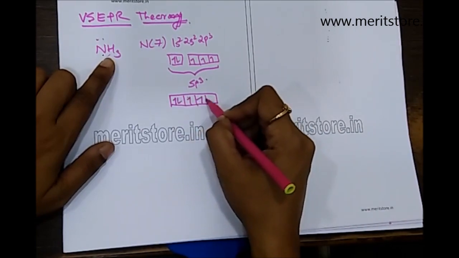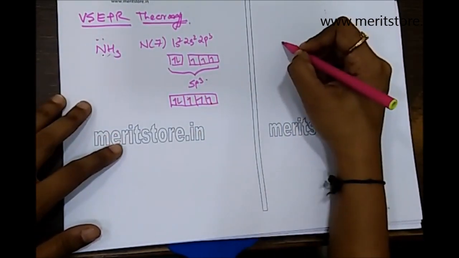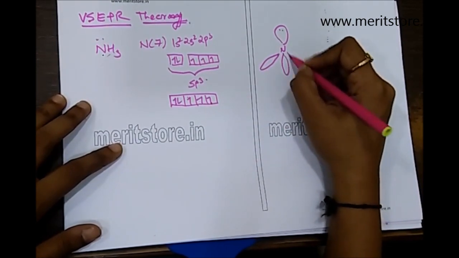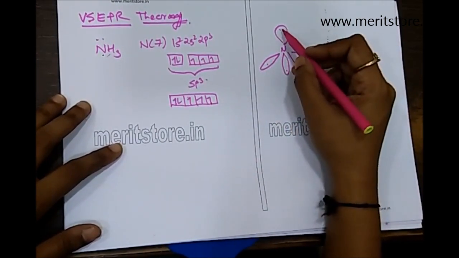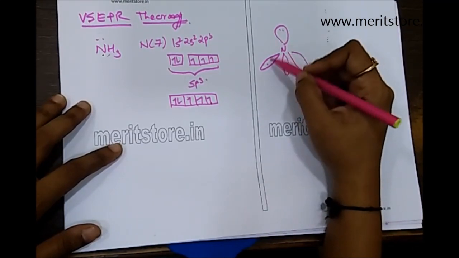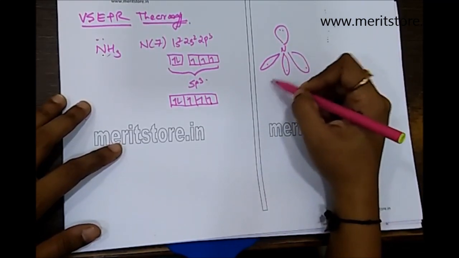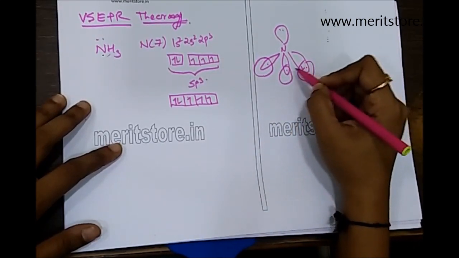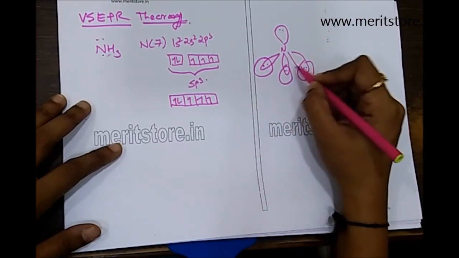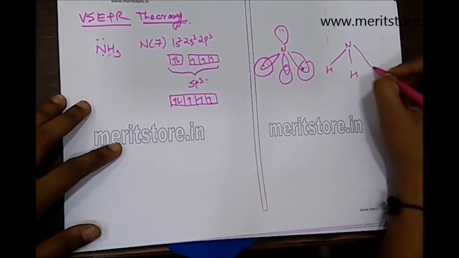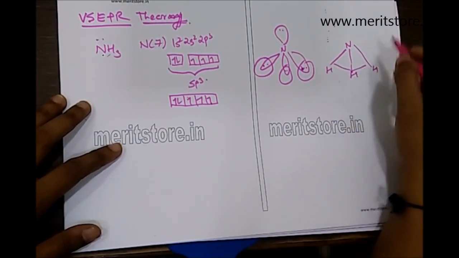orbitals with one lone pair. Since there is one lone pair on the nitrogen and the remaining are the 3 orbitals with single electrons, there is a repulsion between the lone pair and the bond pair. This repulsion causes the distortion in the molecule, where the 3 hydrogens, when bonded to the nitrogen in the center, will be at the base of a pyramid type of shape.